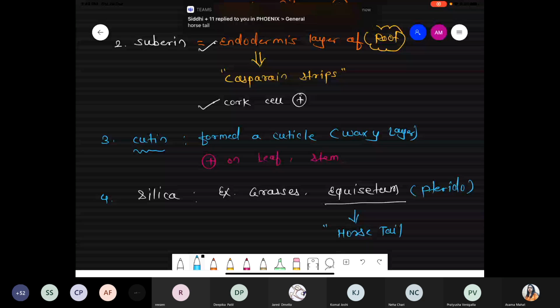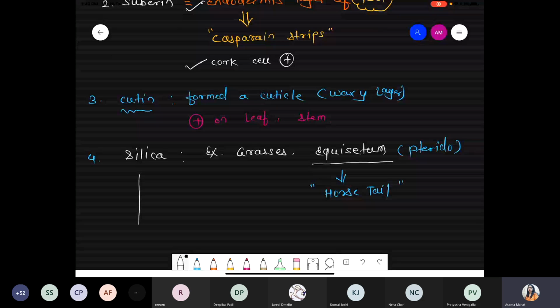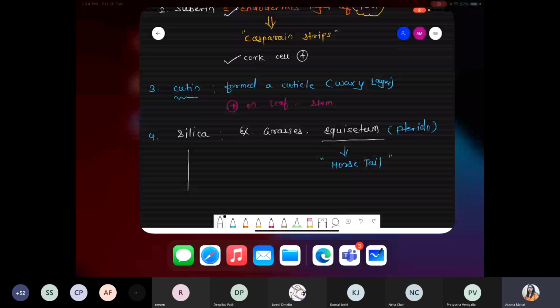Yes, true. So please remember, in case of silica, in grasses as well as Equisetum, there is a presence inside the cell wall. Silica gets deposited, and if I'm talking about the function of such silica, simply they provide stiffness. So that's why they are involved during protection. Write down the function: provide stiffness.